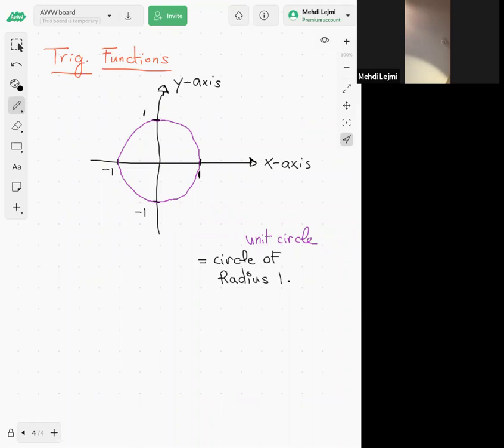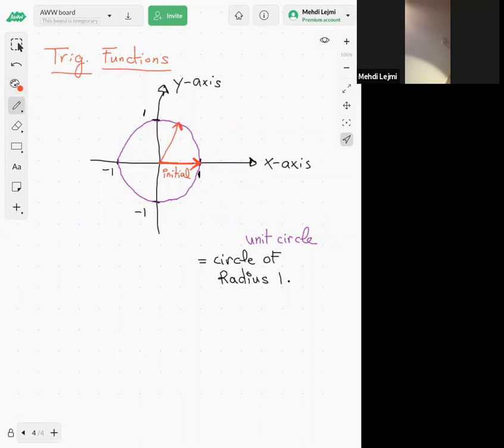Anyway, guys, in this unit circle, let's say my initial side, I'm gonna take this side here as the initial side. Okay, so this is my initial side, right? And then somewhere here, that's my terminal side, right?